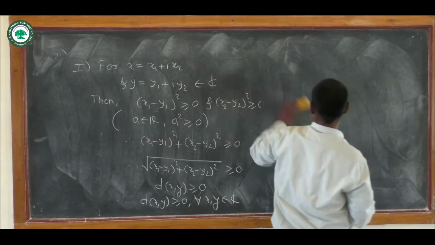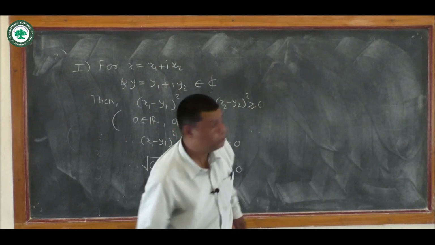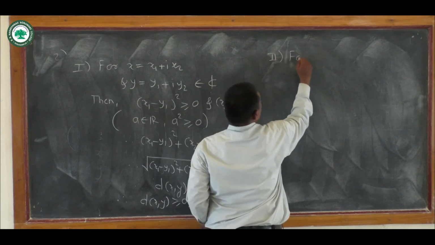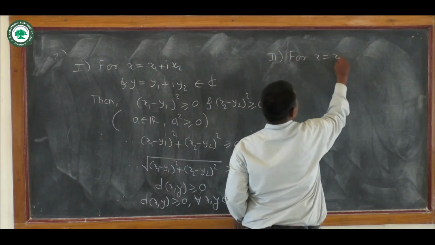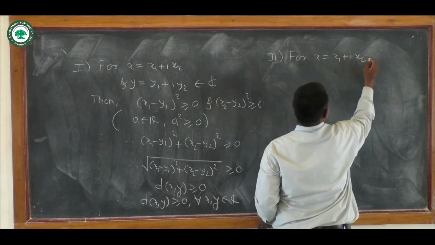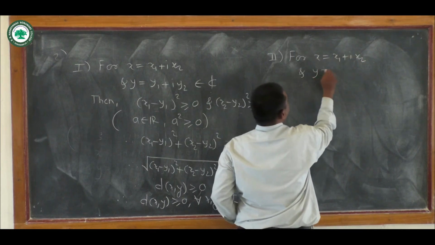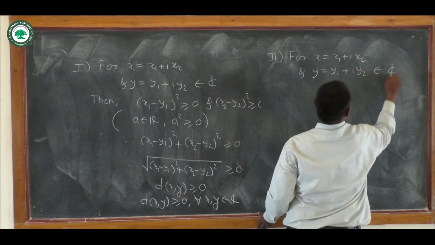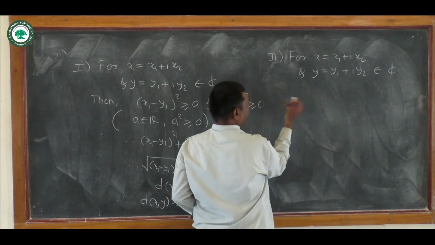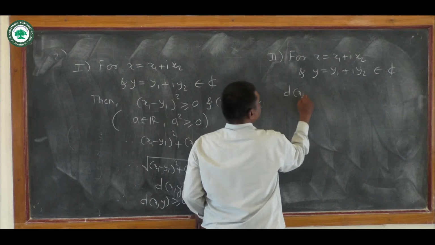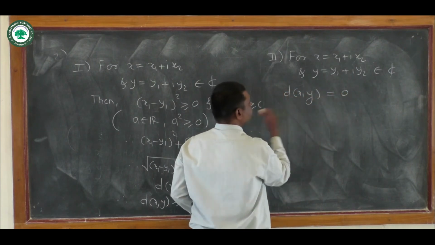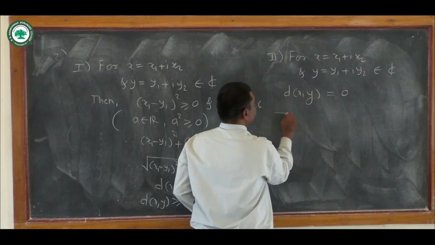Now for that, take x equal to x1 plus ix2 and y equal to y1 plus iy2 belonging to C, and the distance between x and y is equal to 0.